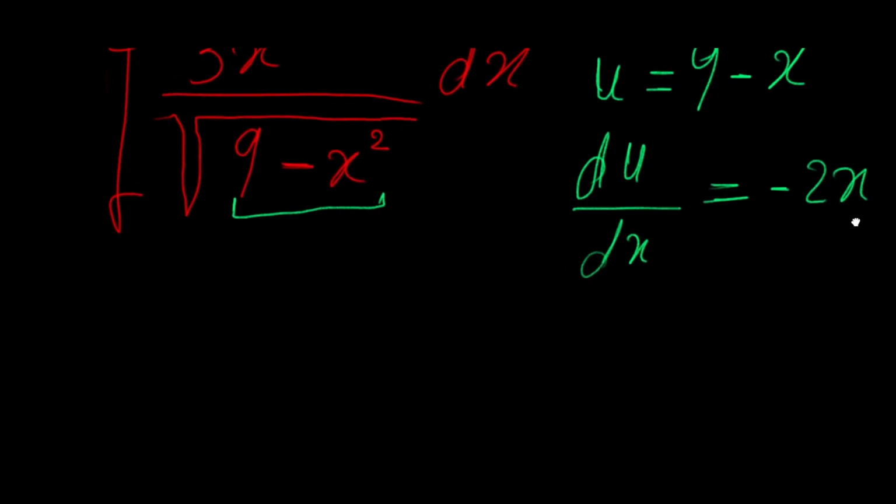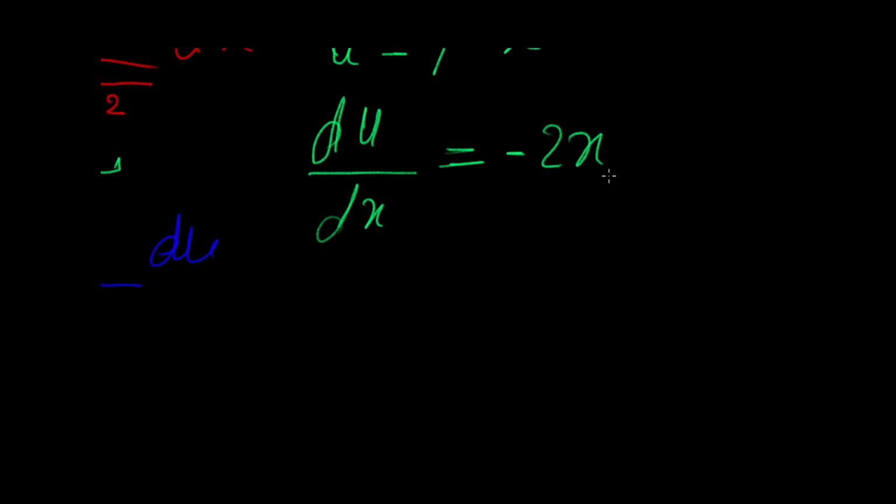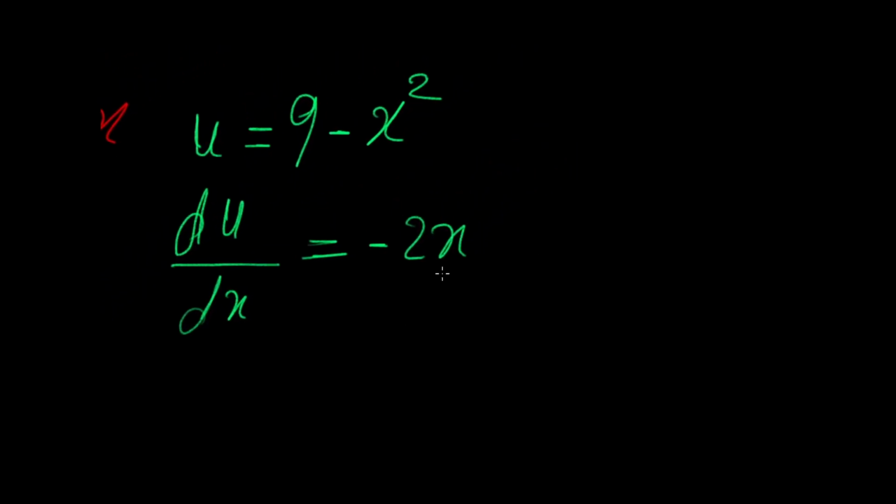Alright, so now let's substitute. We'll have the integral of 3x over square root of u du. Or before substituting, we forgot to make this equal to dx. So what is dx? Dx is equal to, just take the reciprocal.